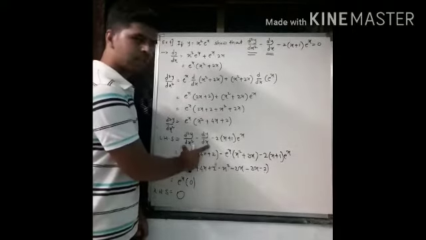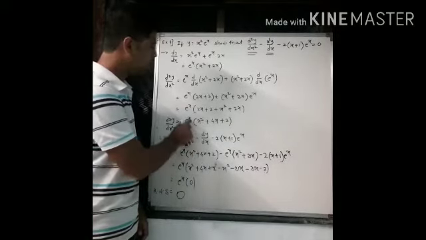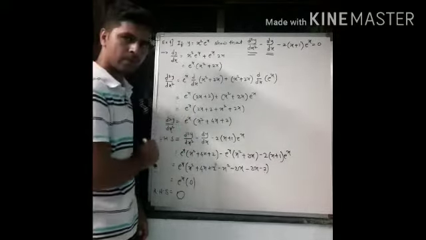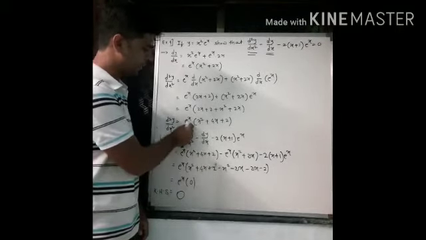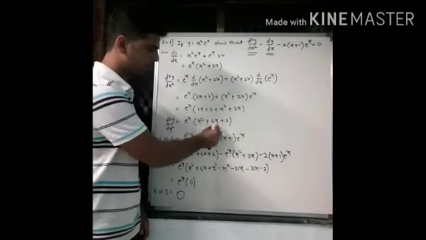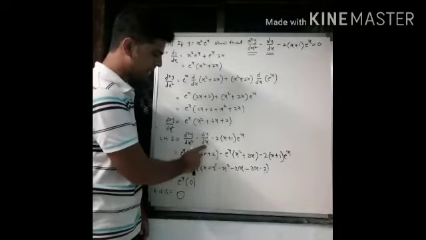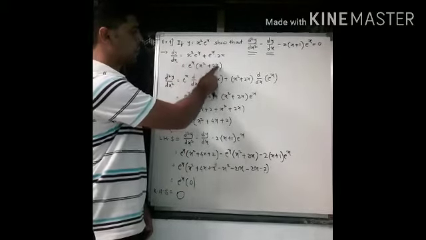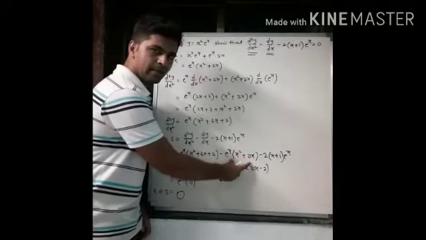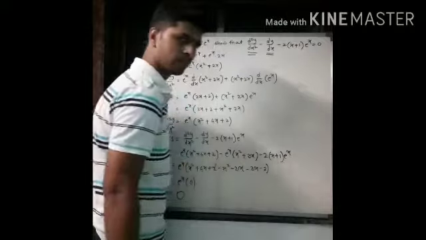The values of these two terms, dy by dx and d square y by dx square, we have already found. Okay. So the second derivative we will substitute here. What was the second derivative? e raised to x, (x square plus 4x plus 2), that I have written here. Now minus dy by dx. What was the dy by dx? dy by dx was e raised to x into (x square plus 2x). See, that term is here. And the remaining term, this term, as it is here.